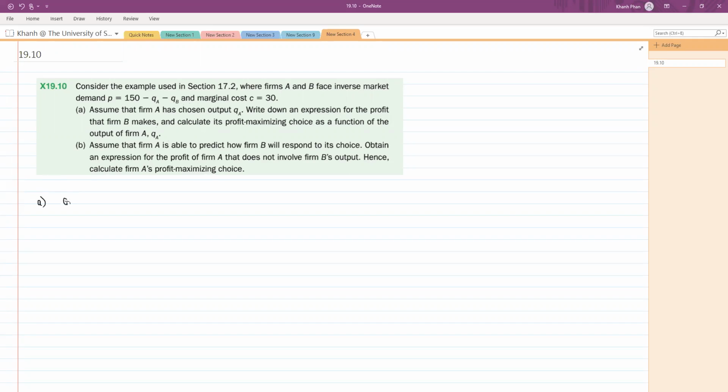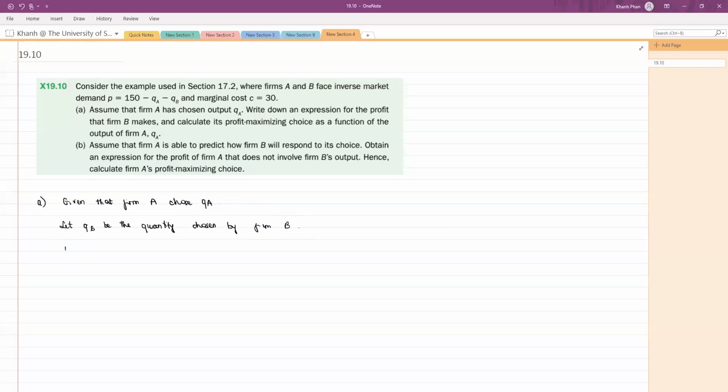Given that firm A has already chosen QA, let QB be the quantity chosen by firm B.